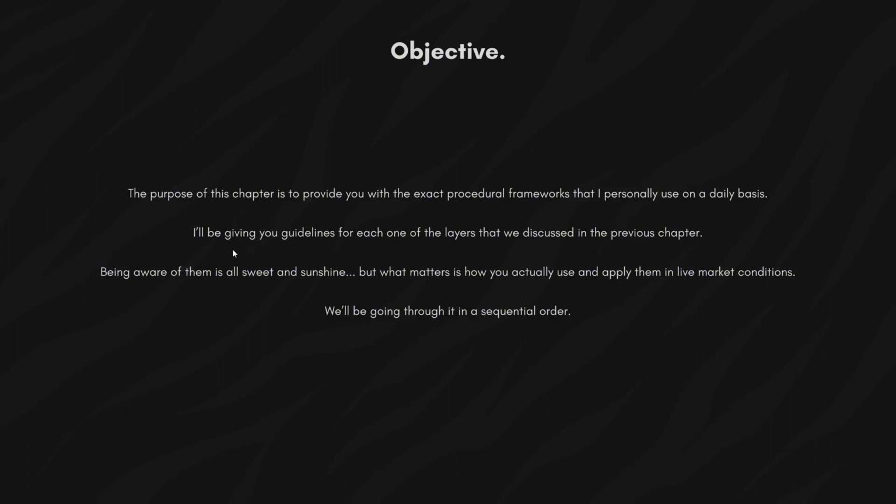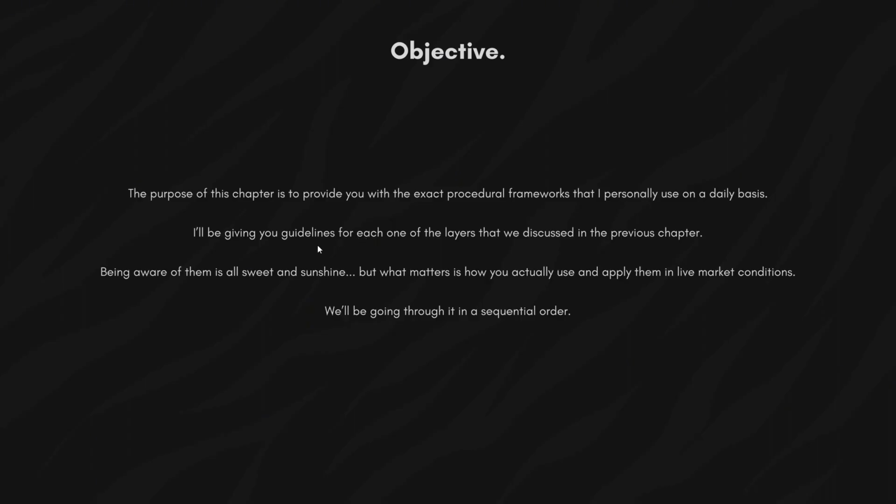Okay, I'll be giving you the exact guidelines and protocols for each one of the layers that we discussed. And this isn't going to be just some random, vague, step-by-step setups or protocols. Instead, this will be the actual stuff that I actually follow every single day.